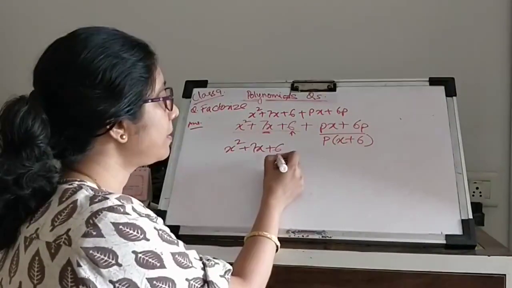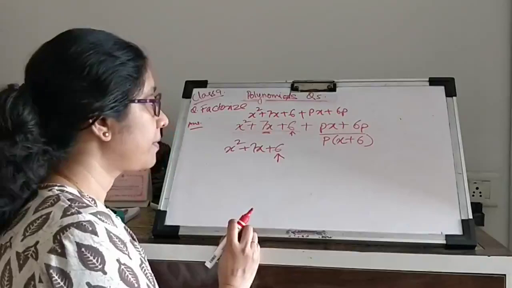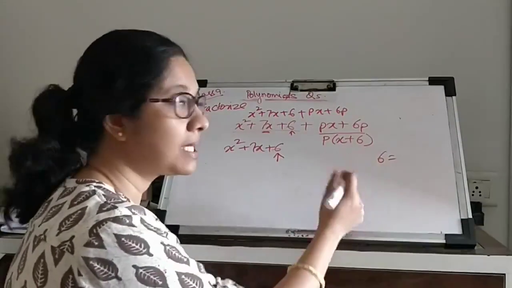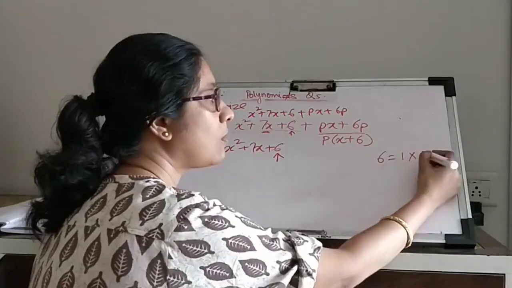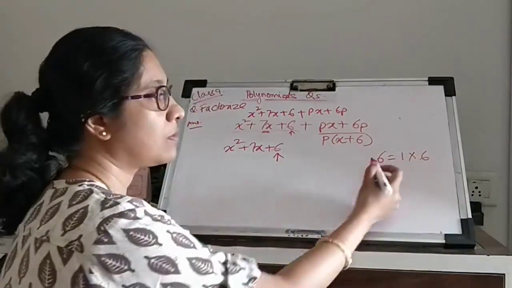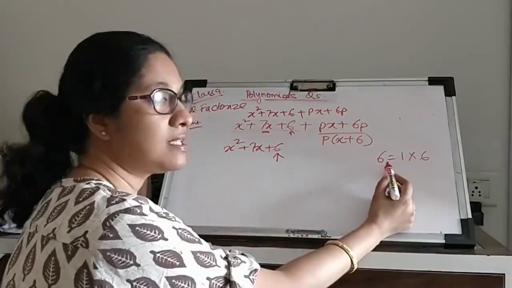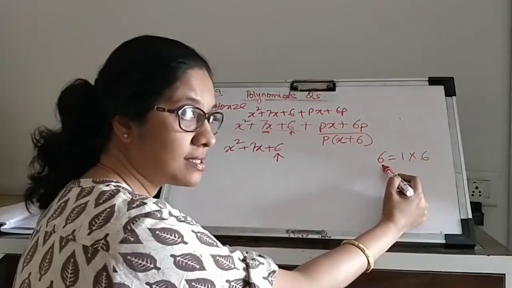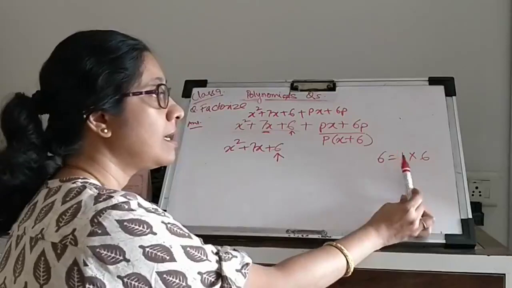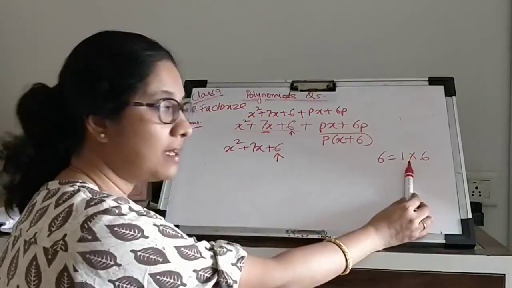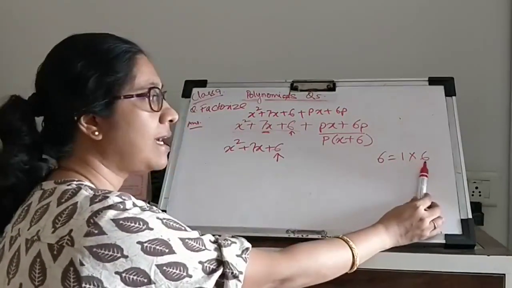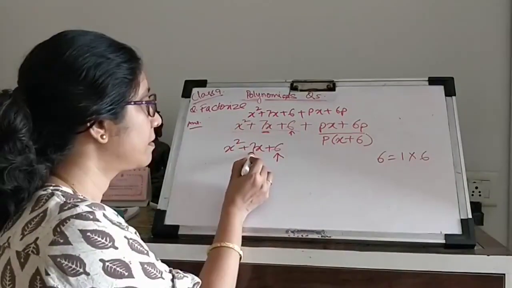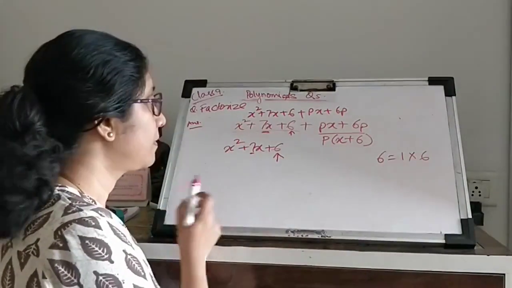So what I simply do is I take this 6 and try to make multiples. Get all the possible multiples. What is starting with 1? What is the first thing here? 1 into 6. 1 into 6 is 6, right? Now once I got the first pair, 1 and 6, I will try to see if 6 and 1 somehow makes 7, the middle term.